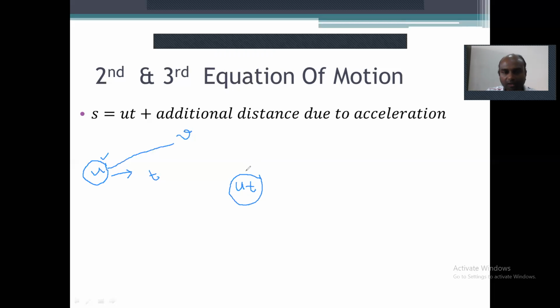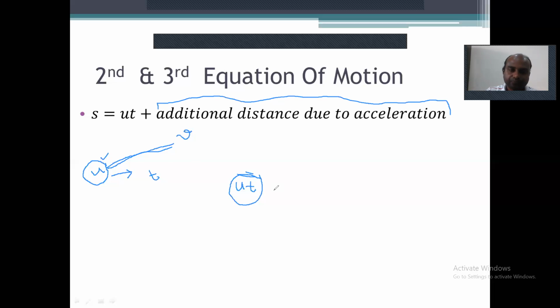Now, since this body is accelerating, its velocity is continuously increasing. If its velocity is continuously increasing, then it means one thing, that the distance covered would be more than ut. So there will be some additional distance covered, and this additional distance covered can be attributed to acceleration of the object, right?